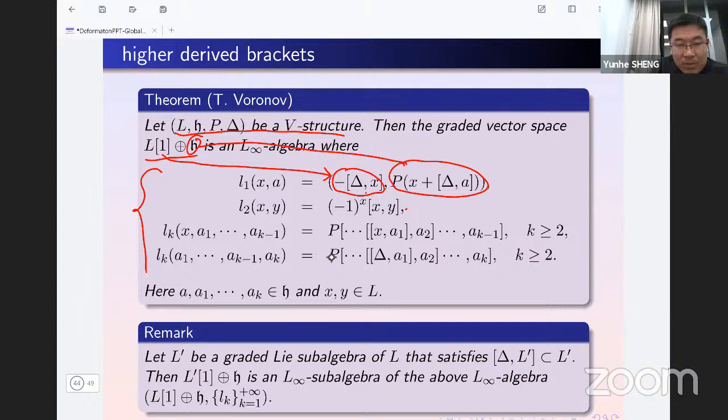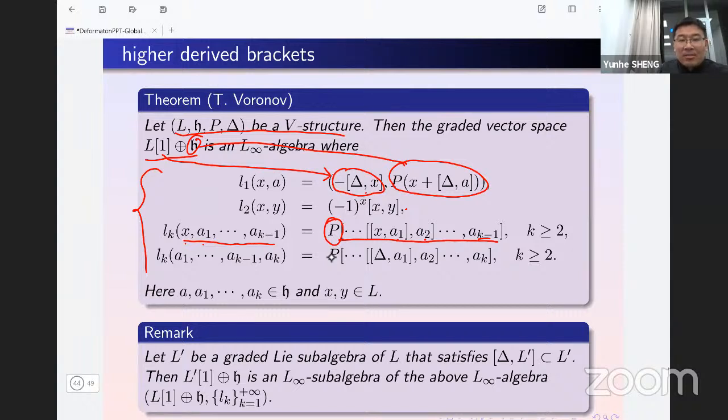So for example, lk(x, a1, ..., a_{k-1}), you take the bracket of x with a1, a2, up to a_{k-1}. After this bracket, you take the projection to H. So this is the definition of lk, and this will give you an L infinity algebra structure.